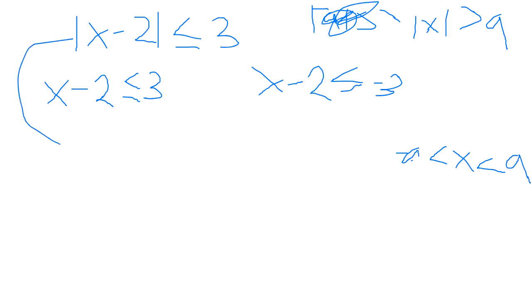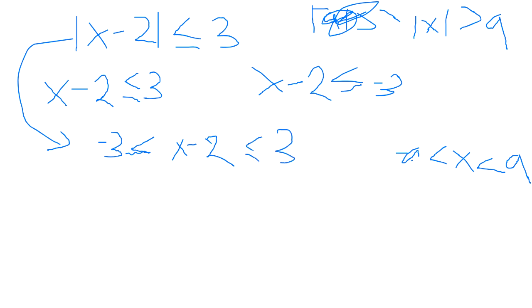If I say modulus of X minus 2 less than or equal to 3, it means that X minus 2 is greater than or equal to minus 3 and less than or equal to 3.